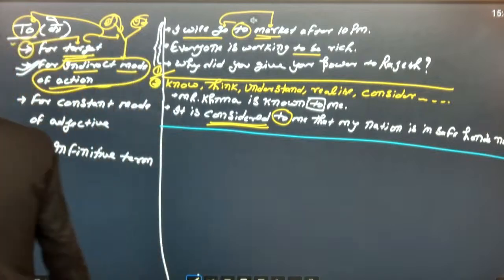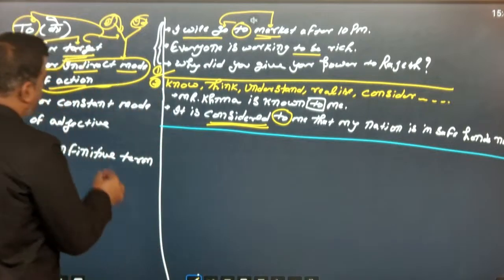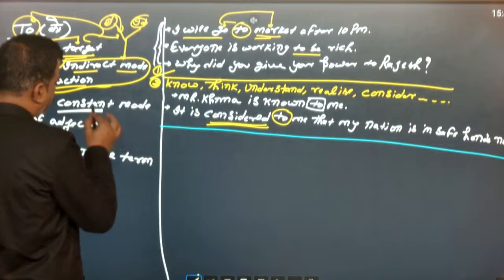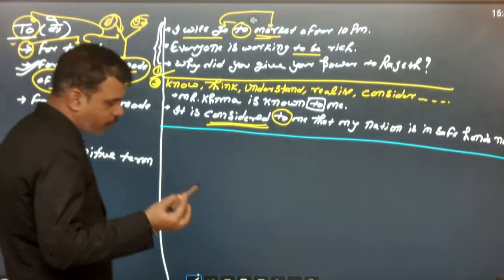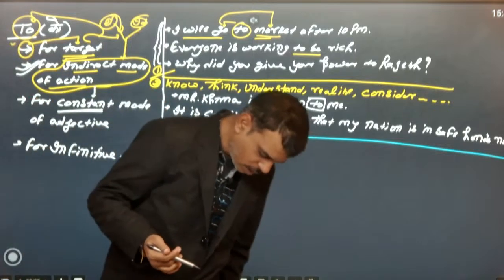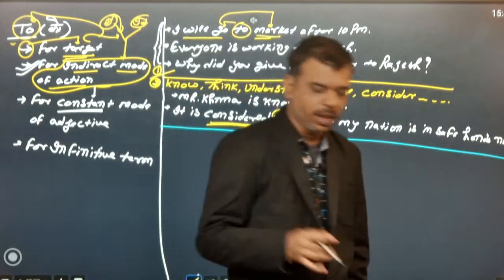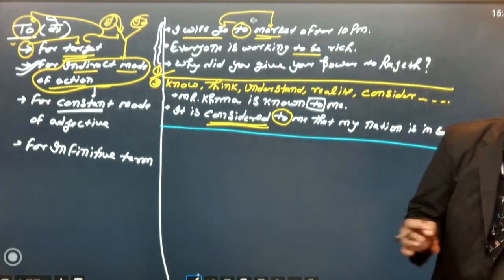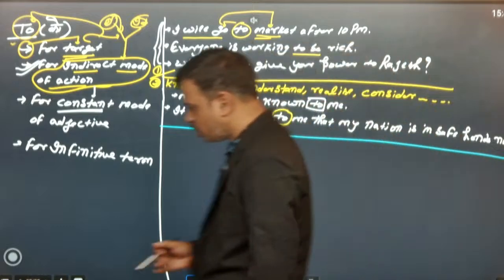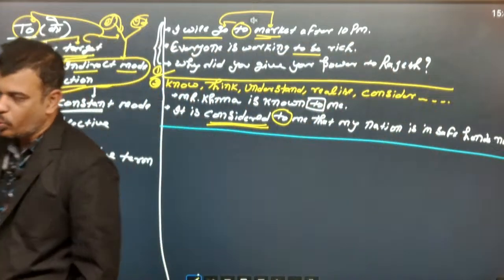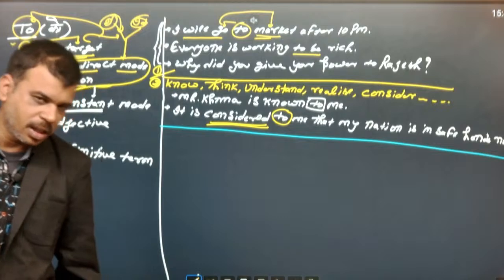Now, constant mode of adjective. We have three types of adjective: positive, comparative, and superlative. The position of each adjective changes when we change the condition of the statement.